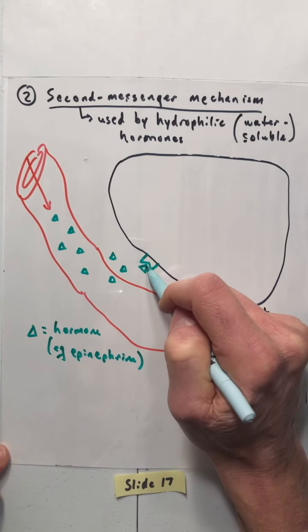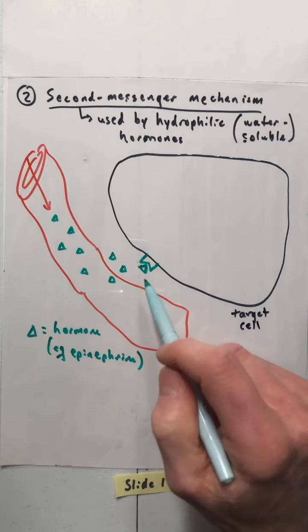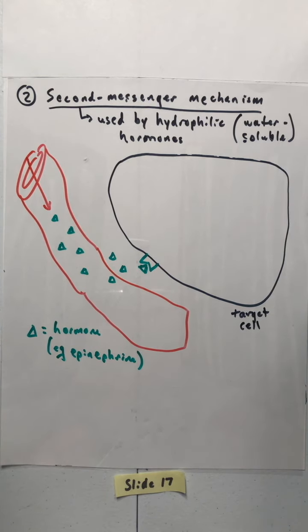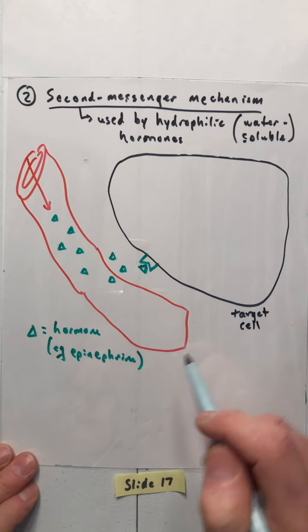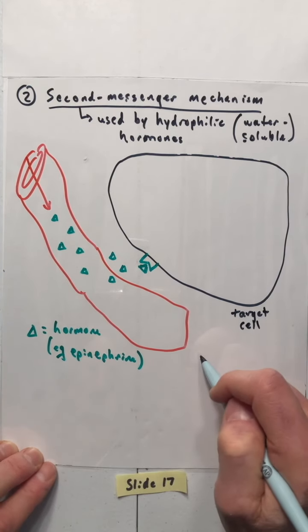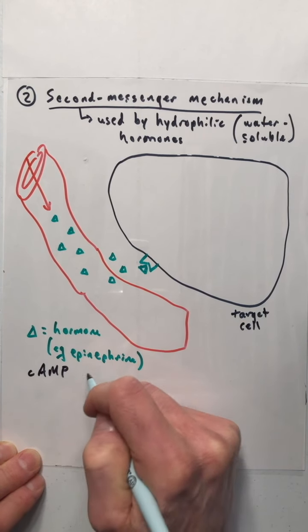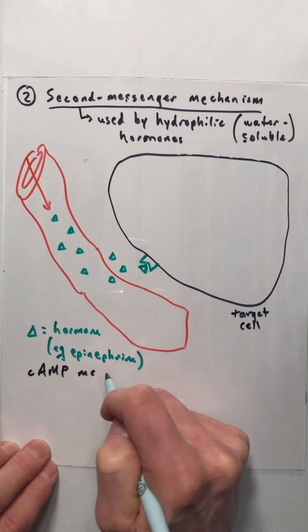And it binds because its shape nicely matches the shape of the receptor. So when it binds, it stays there for a little while. And in this particular second messenger example, this is the cyclic AMP mechanism of second messengers. I'll just write that here.